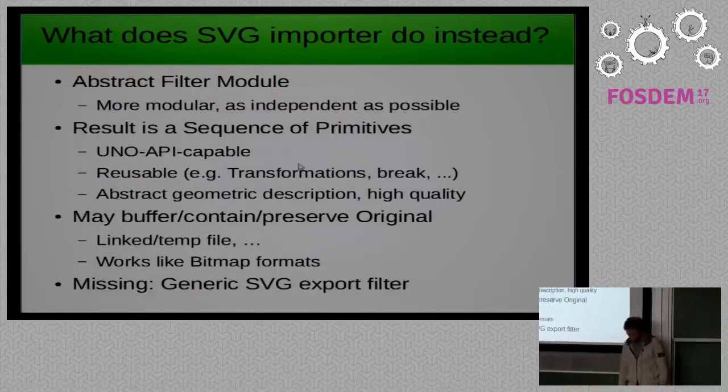So, may buffer contain preserve originals. That's also something the SVG filter does. It works more or less the same like the bitmap import exporters. These also keep the original. This guarantees, for example, you have in the edit view this nice command in the context menu, save original bitmap or save bitmap.